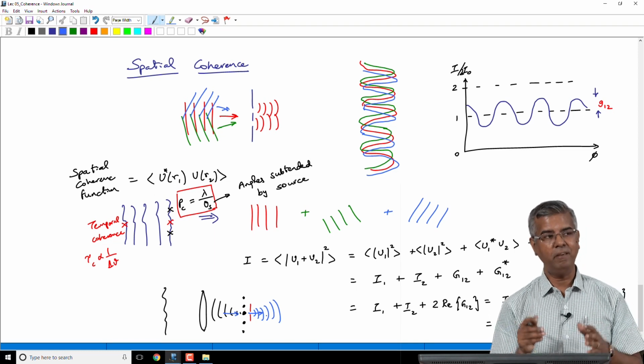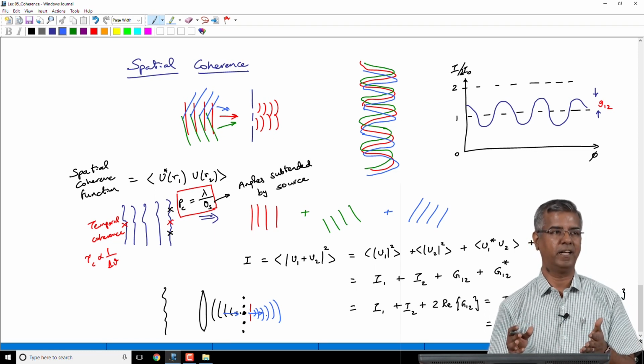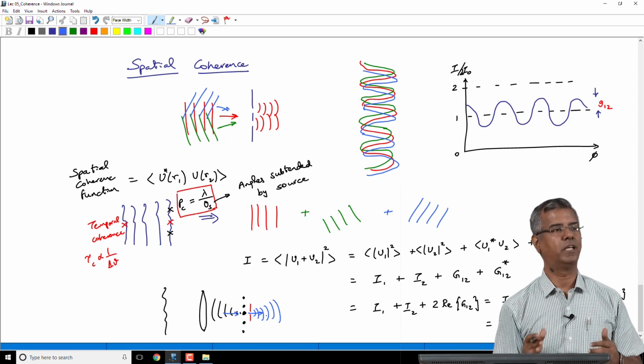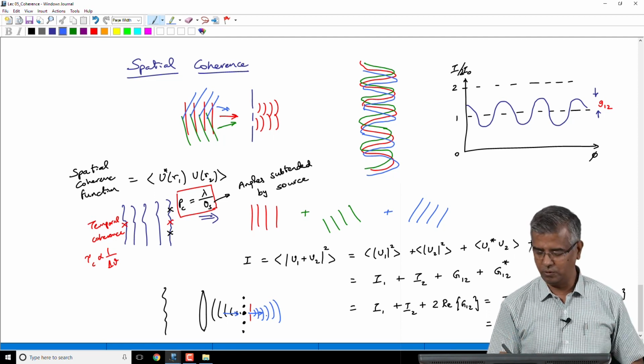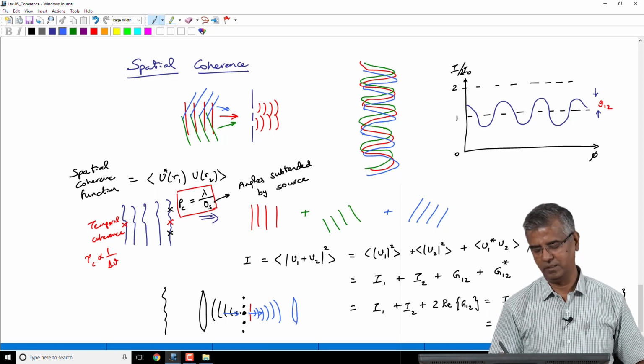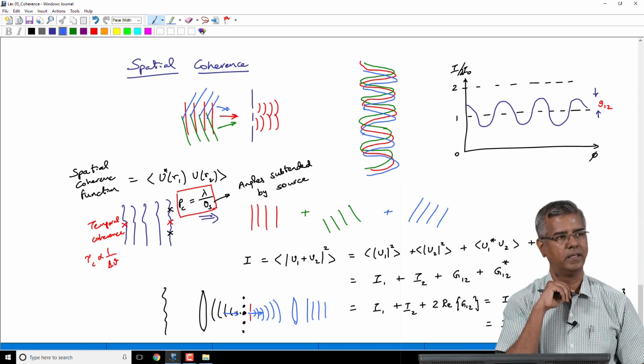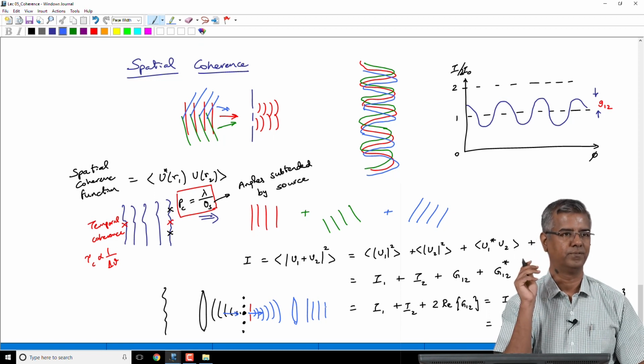But for any well defined spherical wave front, I can always find some way of compensating for it. What will I do? I will put a lens here that compensates for this divergence, and what I get out of here is a plane wave front. Do you understand this? Right?